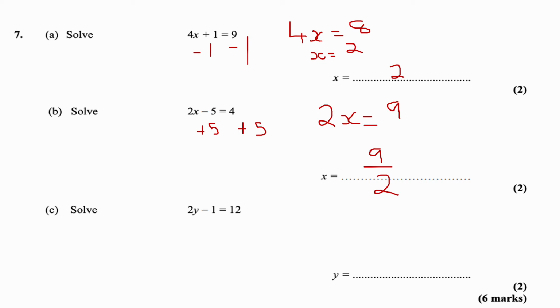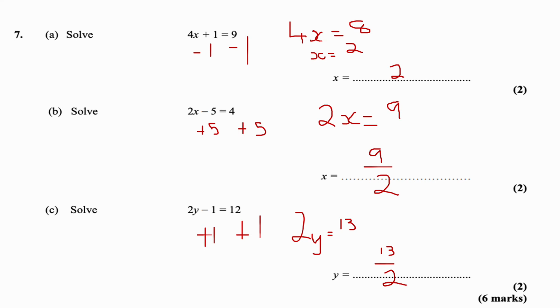Okay, part C, solve 2y subtract 1 equals 12. Well, adding 1 to both sides, okay, I get 2y is equal to 13. Dividing both sides by 2, I get y is equal to 13 halves. Okay, or 13 over 2, or 6.5.